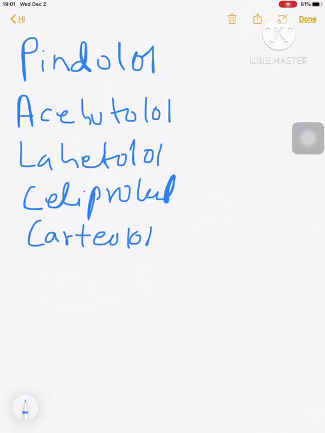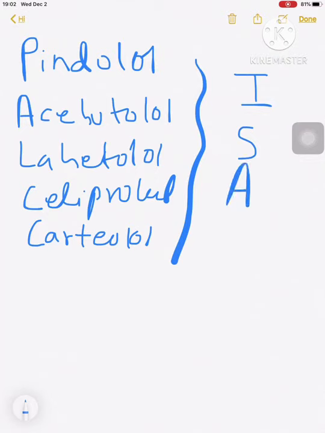Remember this term, ISA, intrinsic sympathomimetic activity. These can stimulate beta receptors, particularly in the absence of catecholamines. Despite their antagonistic feature, if the catecholamines are absent, they can stimulate these beta receptors.